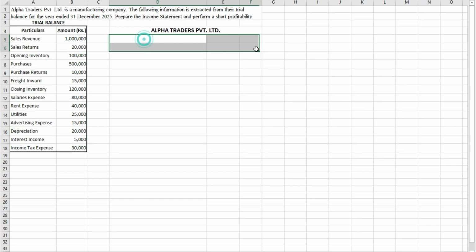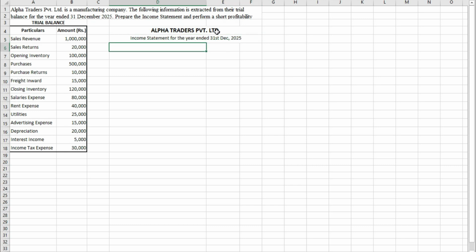And here as well we will merge and center it, and we'll write the income statement for the year ended 31st of December 2025.